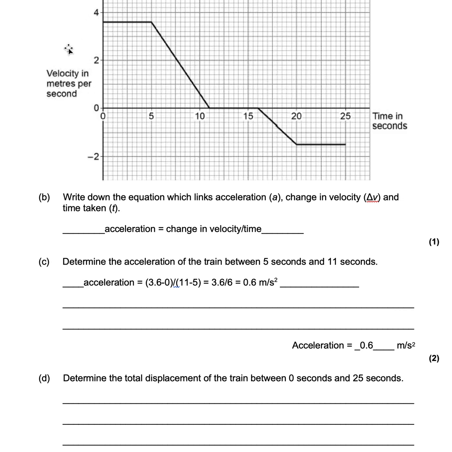Here we've got positive velocities, which means the train is going forward, slowing down to a stop. But then we go into negative velocities, which means the train is reversing. So you're travelling a distance forward and then you're moving backwards. So total displacement is the overall distance travelled, or your distance from your starting point.